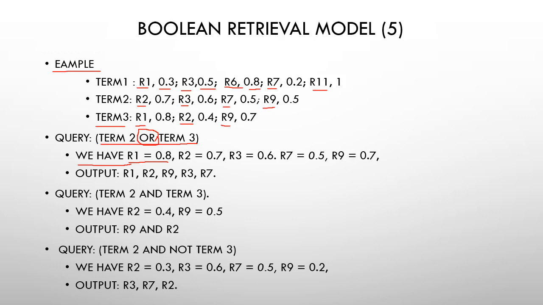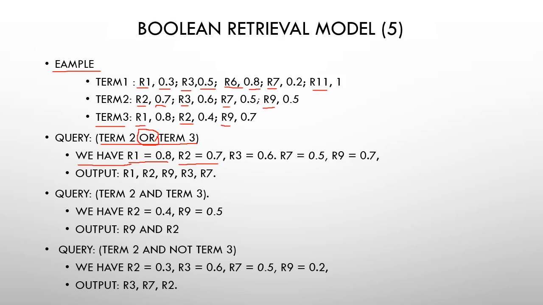Term 2 appears on record number 2, and the weight is 0.7. So then we have R2, the weight is 0.7. Term 3 also appears on record number 2, but the weight is only 0.4. So we take the higher weight.